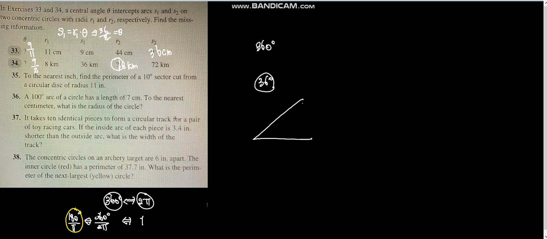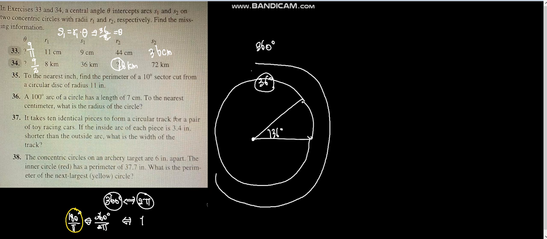So 36 degrees. If you have 10 of these, then you form a circular track, right? Well, it's a track, therefore you have a center here, and then you can draw a circle, and there is another one like this, right?